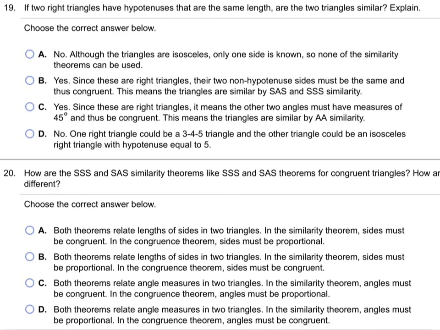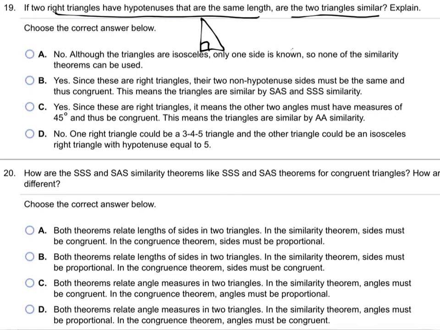Number 19. Choose the correct. If two right triangles have hypotenuses that are the same length, are the two triangles similar? So if you have one right triangle and another right triangle, they're both right triangles.